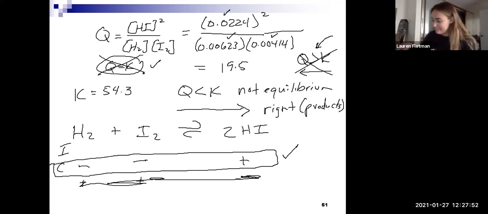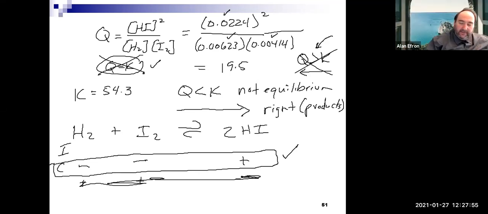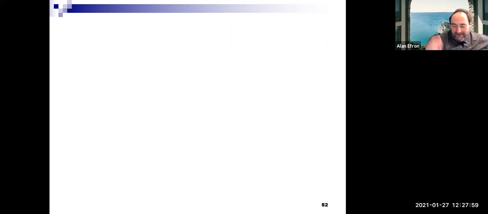You're welcome. Okay, so let's now get into, I don't know if I'll classify it as fun, the actual solving of the problem. Now that we've asserted that this reaction is going towards the product side, we can get into the actual ICE table and try to figure out what's going on.